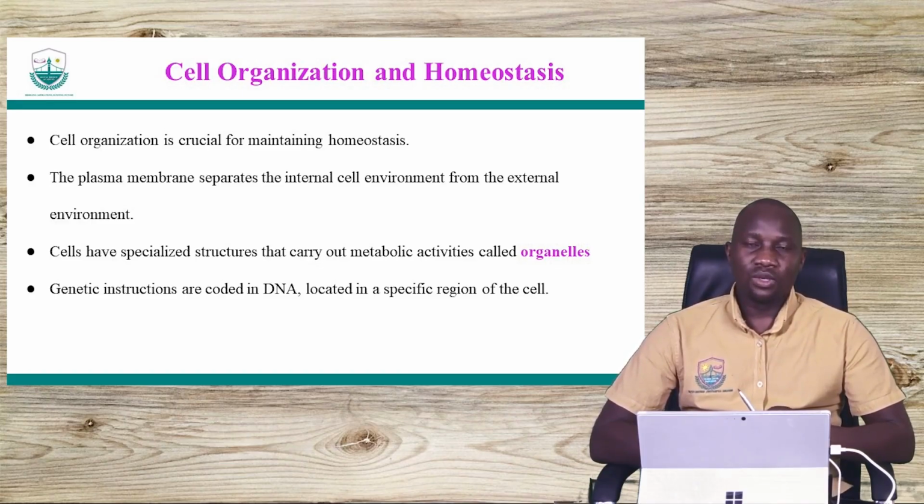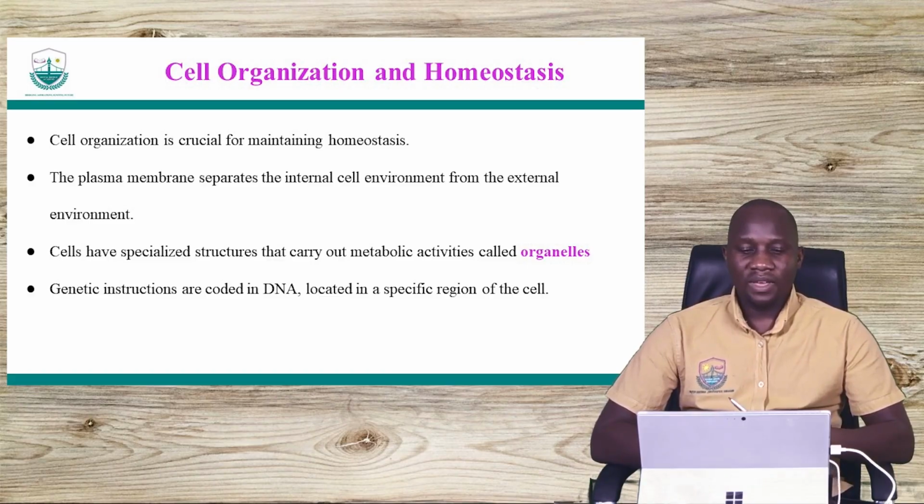If it does not control that, then we will have a homeostatic problem. Homeostasis is the process of maintaining a constant internal environment. What that means is that if there are changes in the surroundings of the cell, the inside environment should not really change. So homeostasis is to resist that change, to make sure that there is a constant internal environment, regardless of the changes in the external environment.